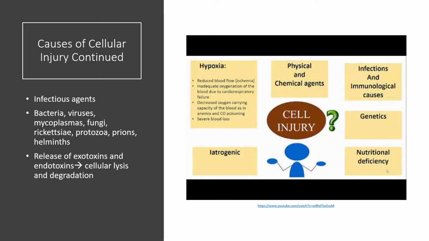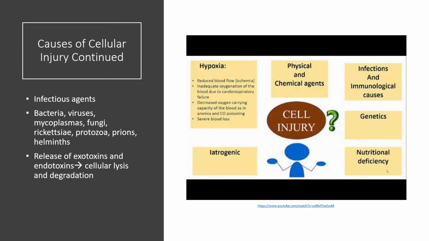So we've talked about the infectious agents, the bacteria and the viral agents that could cause this. There could also be a genetic component. Some people are more susceptible to developing diseases based on their genetic imprint. If you're not eating the proper nutrients, if your body doesn't have the fuel that it needs to prevent and combat these infectious diseases once they're internalized, then we could also have cellular injury occurring.